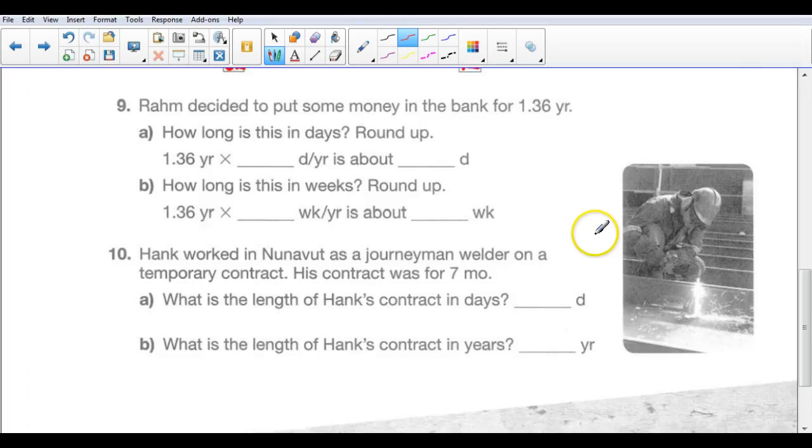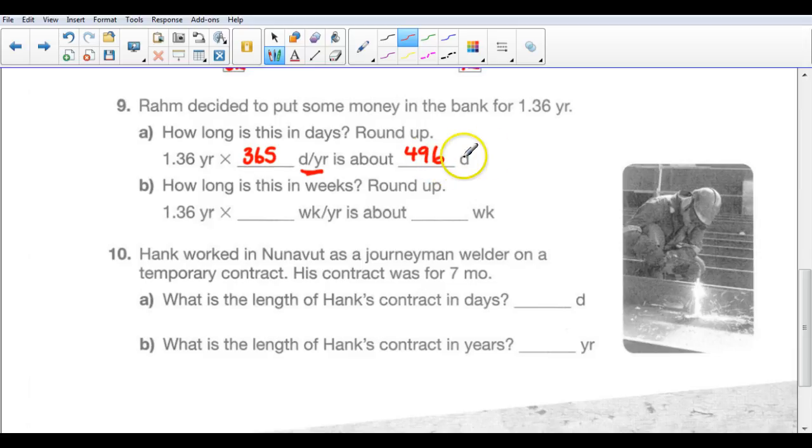Rom decided to put some money in the bank for 1.36 years. Okay, how long is this in days? Round up. Well, we know that there's 365 days in a year, so 1.36 years times 365 days per year gives us a clue as to what units they want, is about 496 days. Take your calculator and calculate it out.